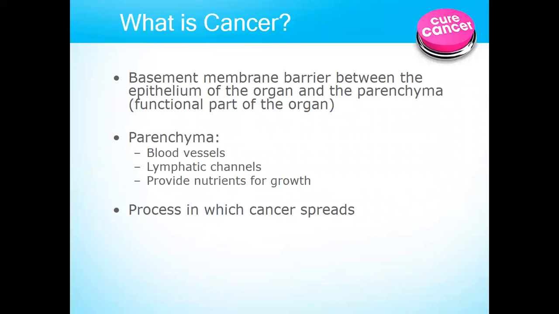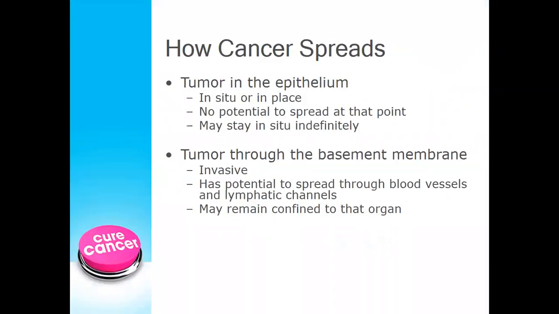Now, the parenchyma is the functional part of the organ. Now, this is the process in which cancer can spread. Now, to understand how cancer spreads, we need to understand the different layers of tissues and how cancer can invade.